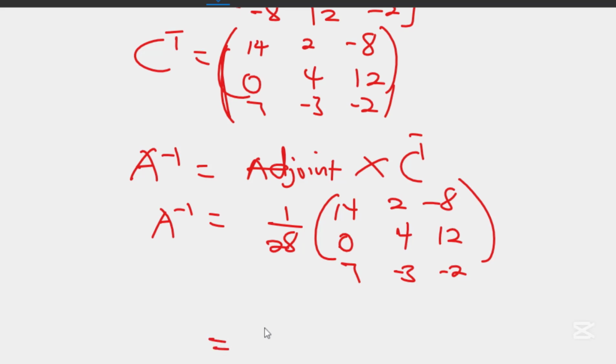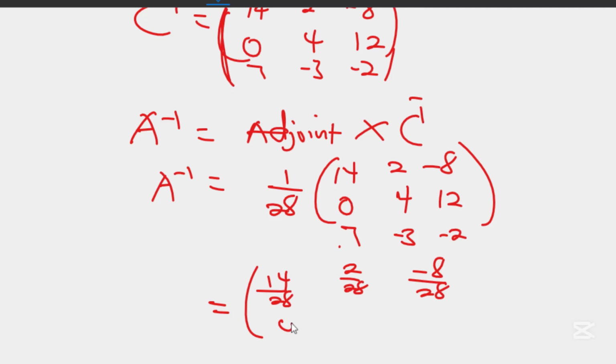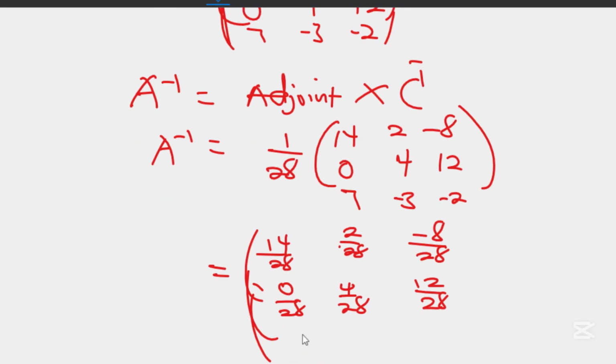So we are going to have 14 on 28, 2 on 28, negative 8 on 28. Then you have 0 on 28, 4 on 28, 12 on 28. Sorry, so let me extend this one.